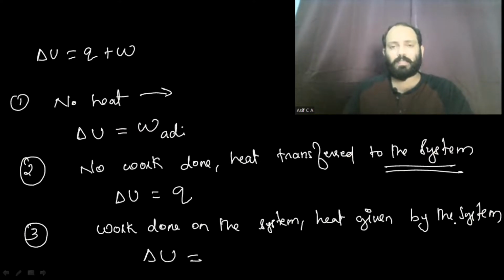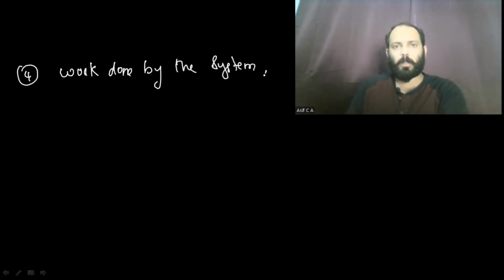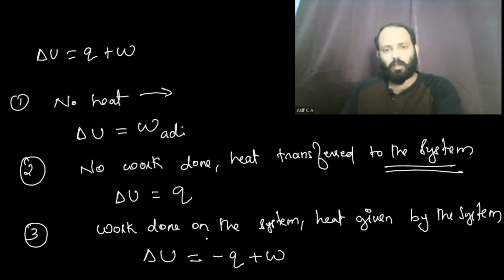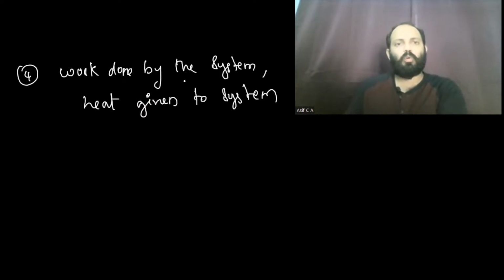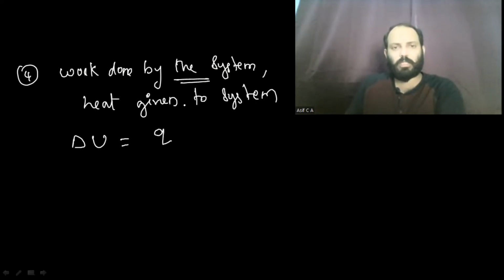Heat given by the system is negative. So it becomes minus Q plus W. Then the fourth condition: work done by the system, heat given to the system. I give heat to the system. In the previous case, work was done on the system and heat was given by the system, that is, heat was taken away from the system. Now work is done by the system and heat is given to it. So heat given to the system is positive, work done by the system is negative. So your equation will change like this.